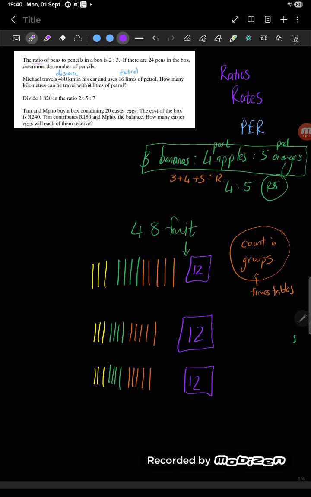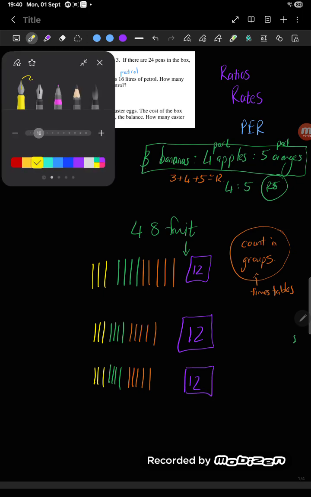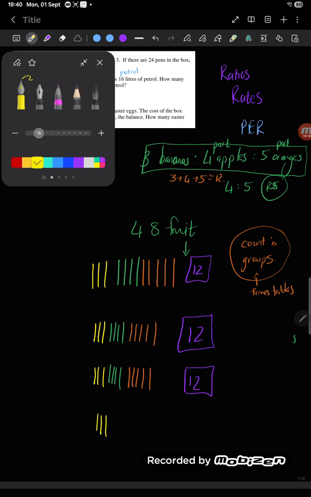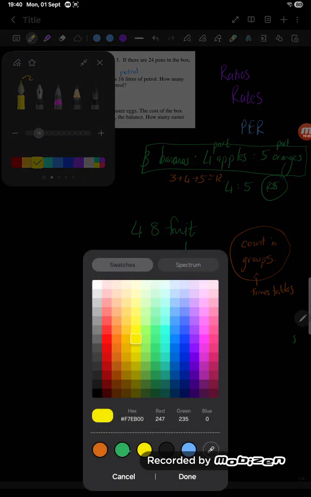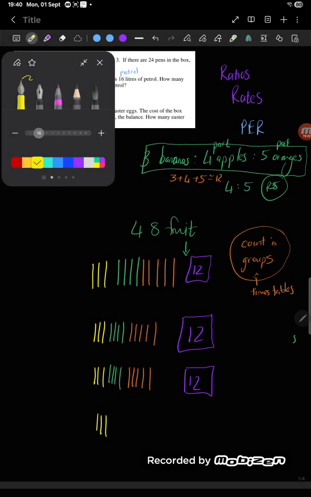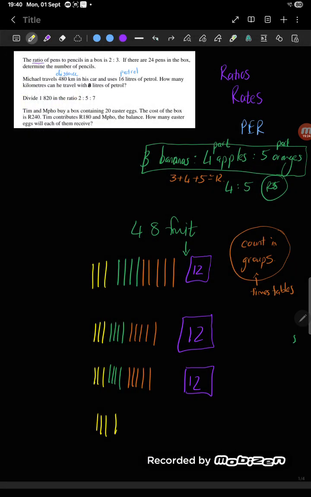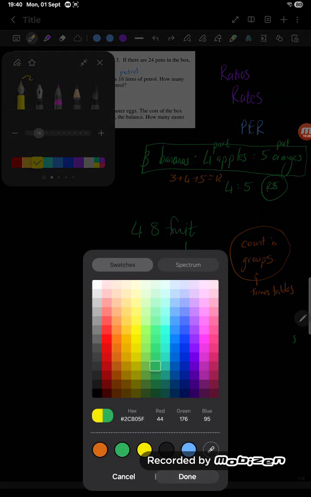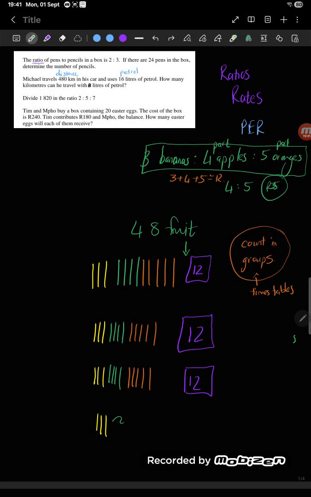And then I make another bundle. So I go 1, 2, 3 bananas. And I go, here we go. 1, 2, give us some green, please. I like green apples. Then I go 1, 2, 3, 4.